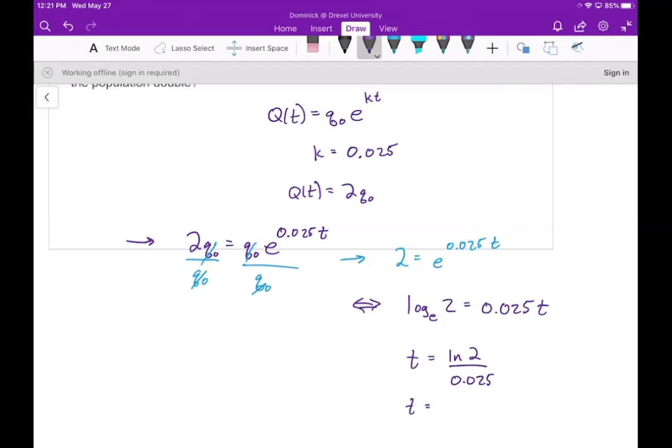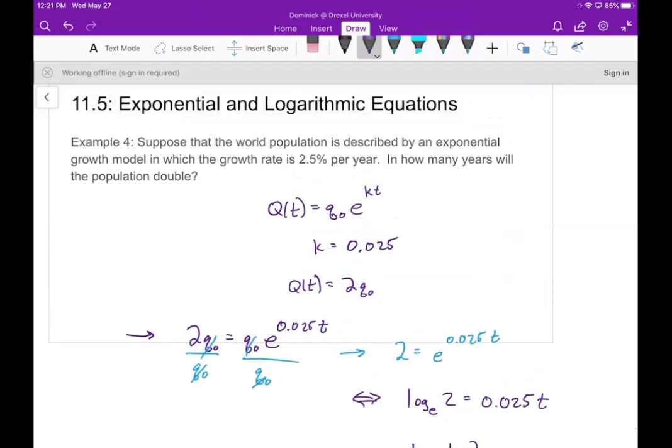So it looks like here we're going to get for t whatever ln of 2 divided by 0.025 is, and that will give us that t is 27.73 roughly. So it will take about 27 3/4 of a year for this initial amount to double, right?